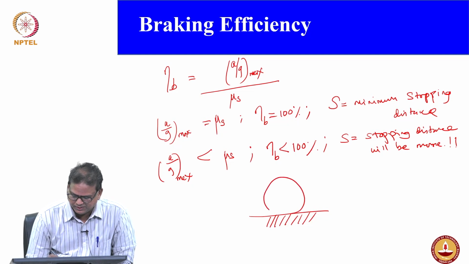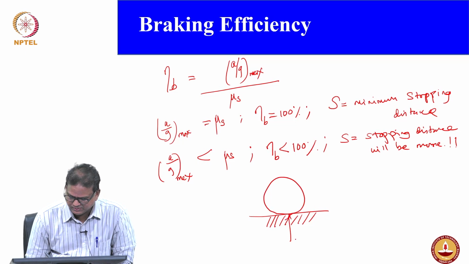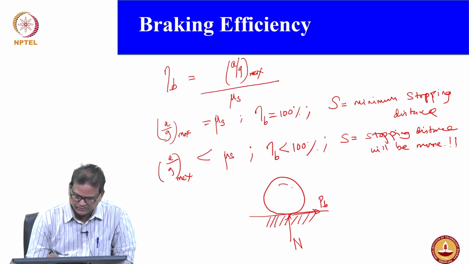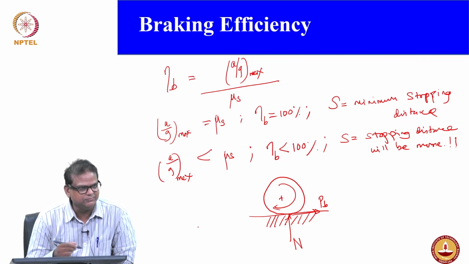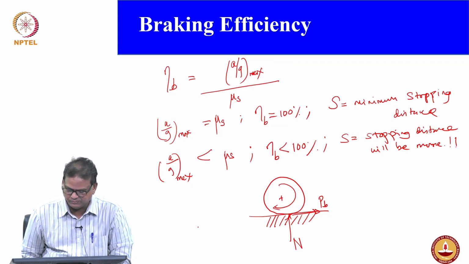Assuming this is your reaction force, then this is your braking force, and it is moving in this direction. Of course you have all the other forces, which I am not going to show.